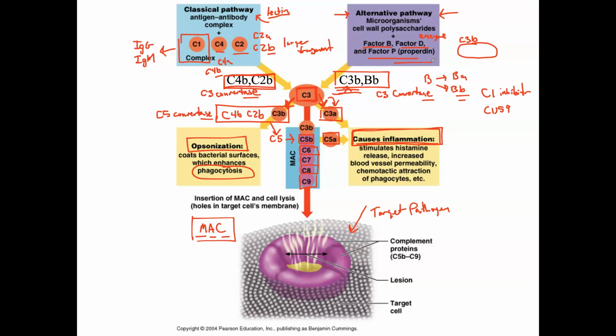So it allows that enzyme to remain stable so that it can activate the C3 complement protein and allow us to get to opsonization, inflammation, and the membrane attack complex.